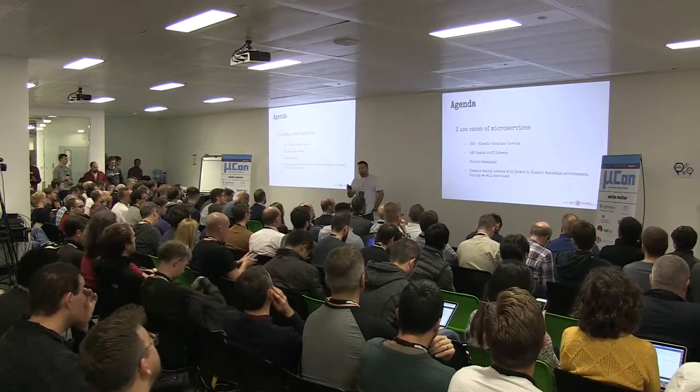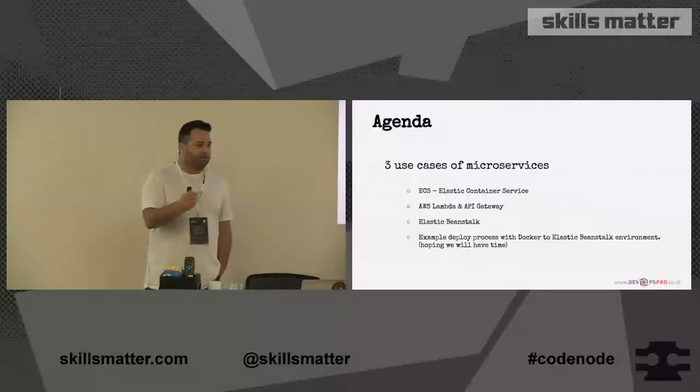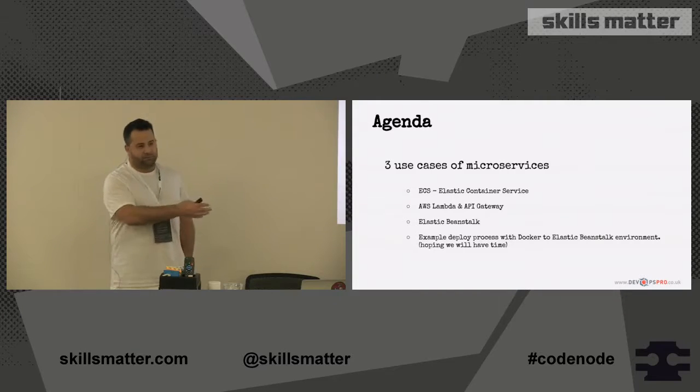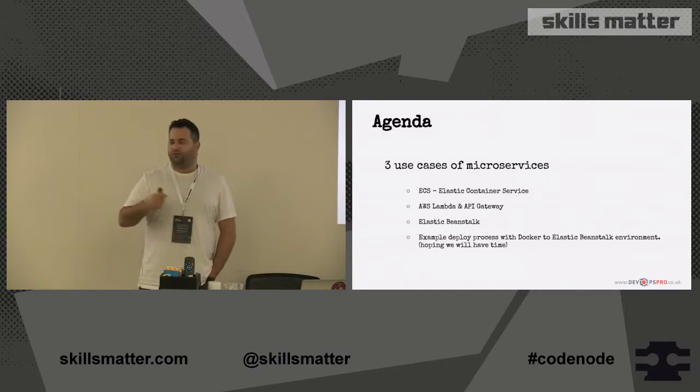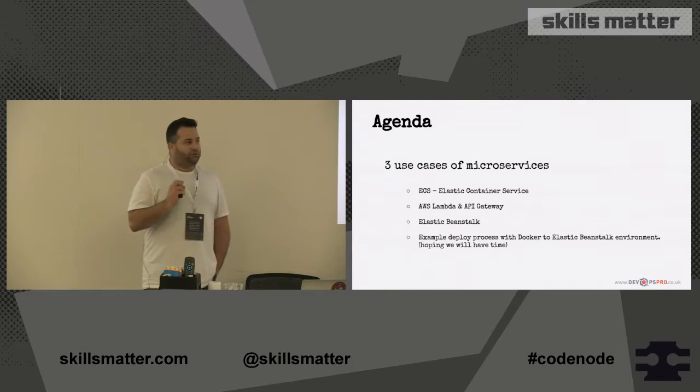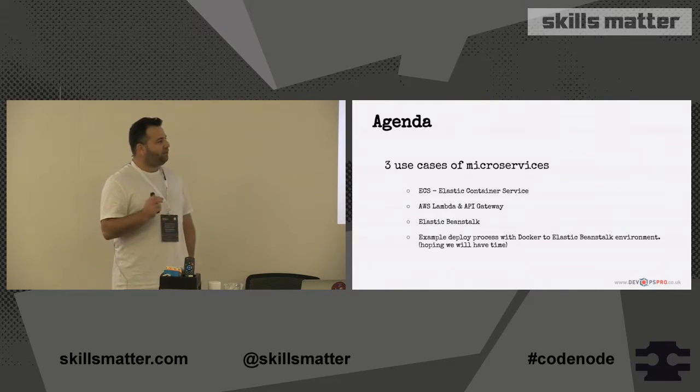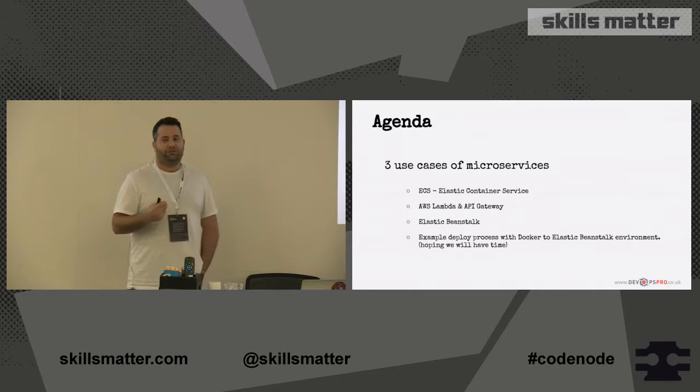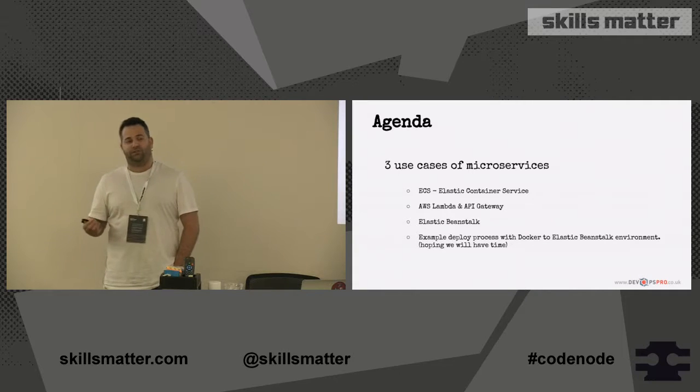So we're going to touch three services. All of them are part of Amazon compute services, which means they bring you servers in some form to have your application run on. The first one is ECS, Amazon Elastic Container Service.